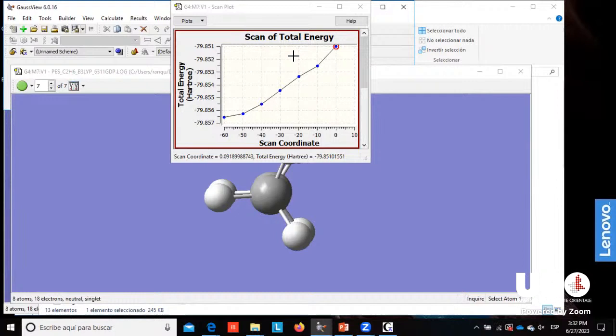Actually, you can run half of it in this case because of symmetry considerations, yes. But if you had, for instance, chlorine on one of the carbons, then it would not be symmetrical, of course. Yeah, that's right, yes.